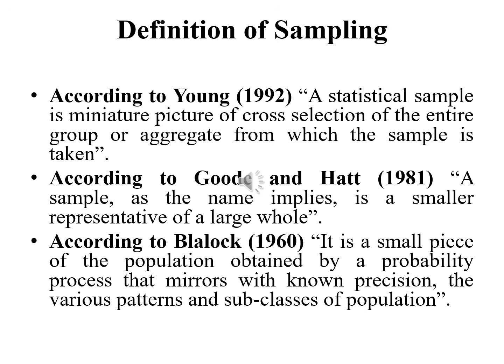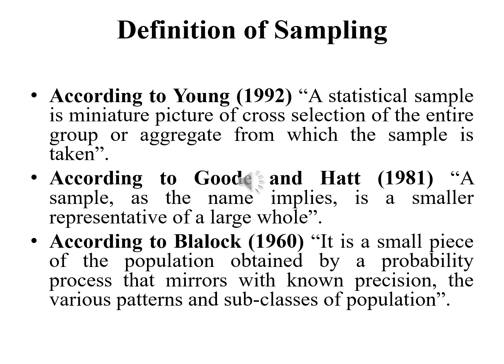So the sample should reflect the important characteristics of the larger population. Then, according to Good and Hatt, 1981, a sample is a smaller representative part of a large whole. So instead of studying everyone, we are studying a small group that represents everyone.